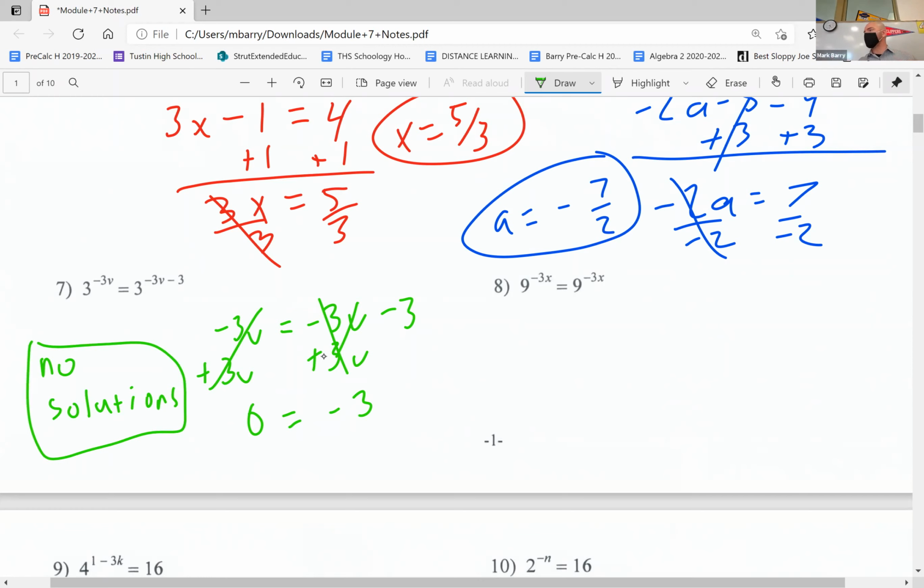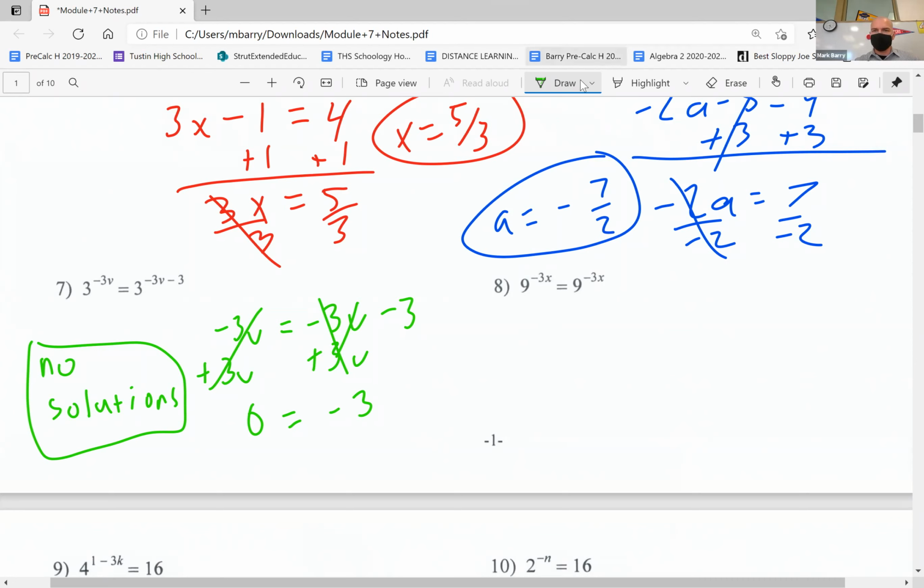When your variables cancel out and it leaves you with something that's not true, then that means no solution. So there's no number that I could put in there for v in the original equation that would make those two sides balanced. It's not possible. Some questions in life have no solution, correct? Like if I said, name a state in the United States that starts with the letter X. You have to say no solution, right? Because there are none. You know what I'm saying?